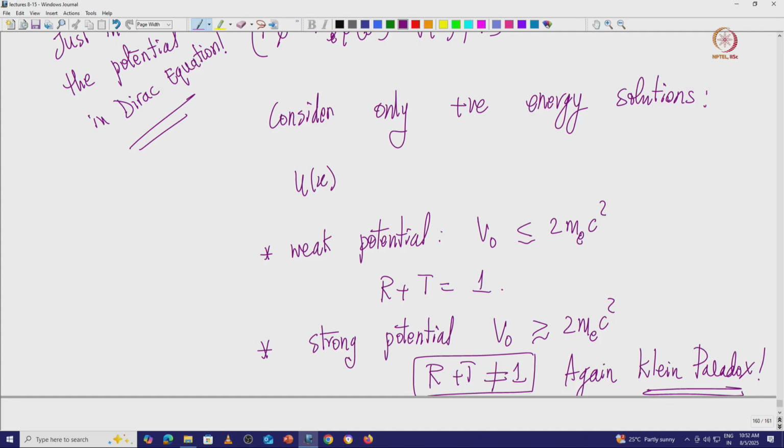So you repeat the same exercise you did for the Klein-Gordon equation, and you will end up having the same result here also.